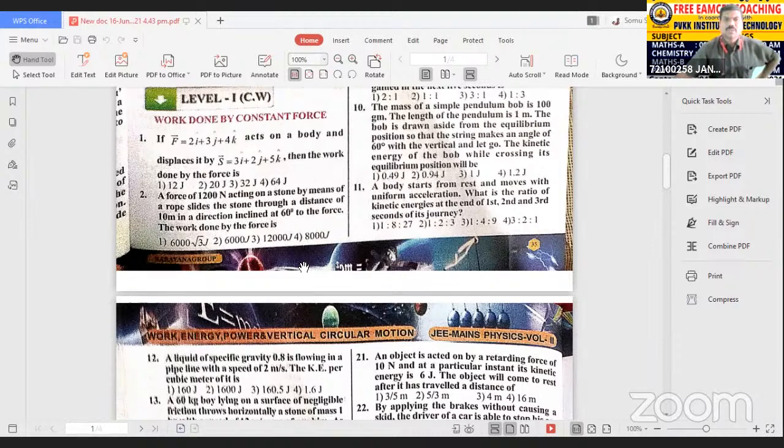The work done by the force is? What is given? Force is given, distance of 10 meter, direction inclined at an angle of 60 degrees. Theta is given. Now find out work done.